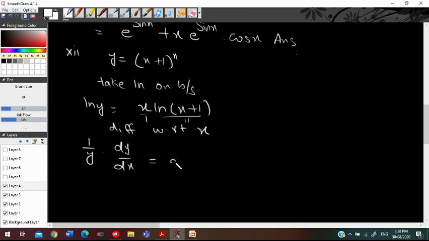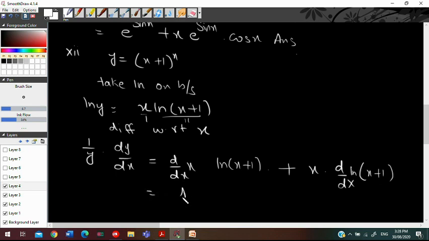So first we differentiate this x, log of x plus 1 will remain the same, plus x will remain the same, and we differentiate log of x plus 1. Now 1 into log of x plus 1 plus x into 1 by x plus 1, then d by dx of this inner function.